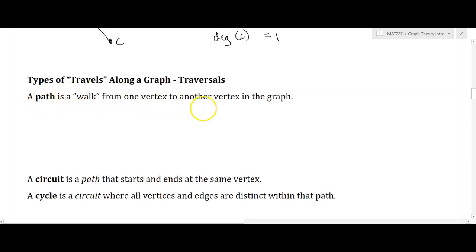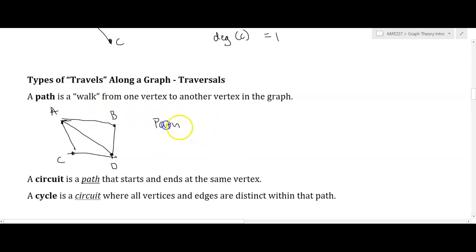And a path is a walk from one vertex to another vertex in the graph. So if I just arbitrarily make up some vertices here, and I'll label these A, B, C, and D, and put one more edge right there, one possible path, and we'll list these out, you can either comma separate them or just list them together, would just be AB.